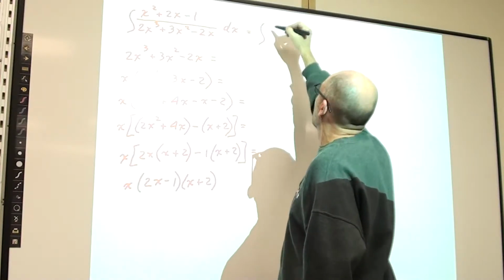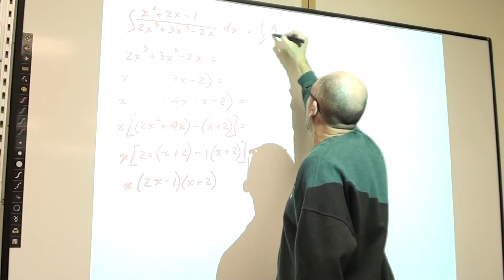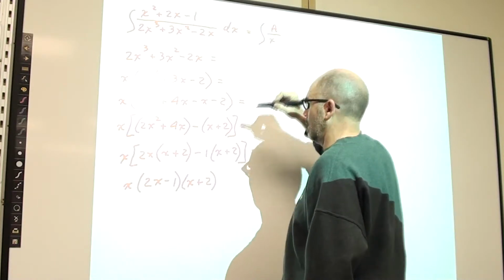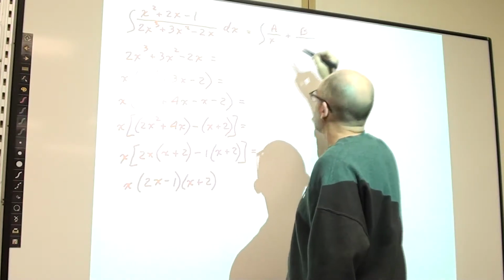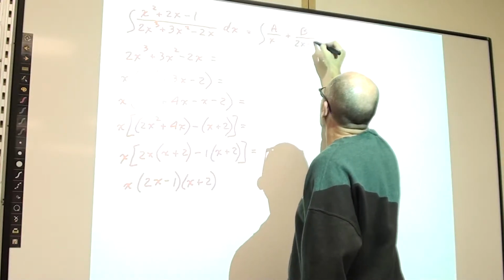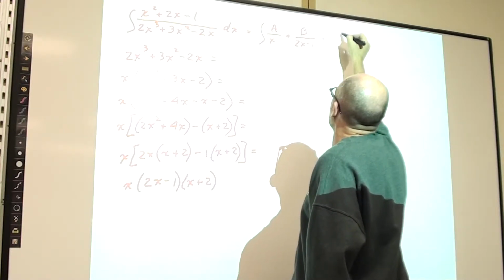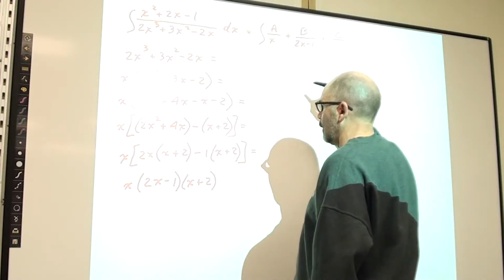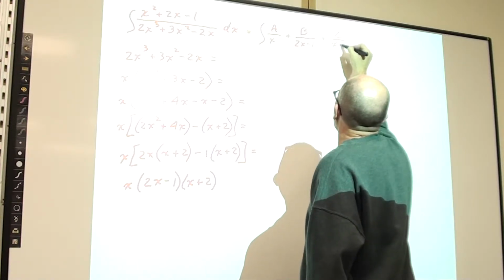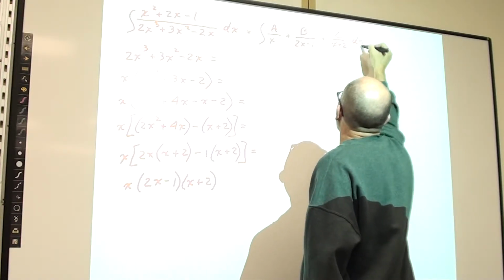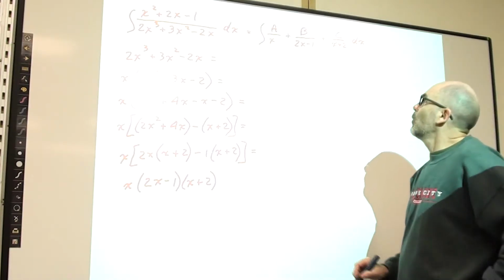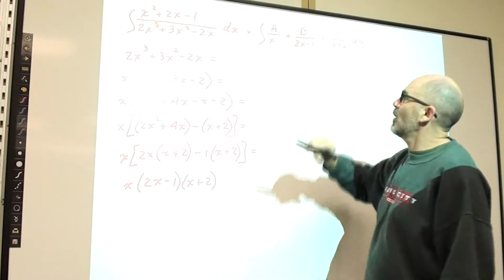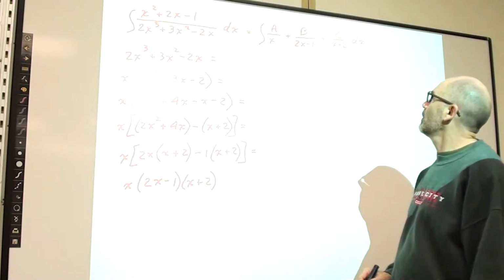It's going to be a over x plus b over 2x minus 1 plus c over x plus 2. Alright, so the name of the game now is we have to figure out what a, b, and c are the same way we just did before.